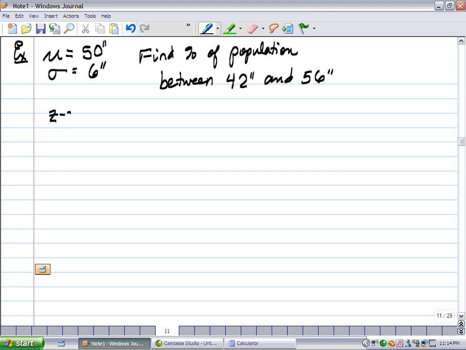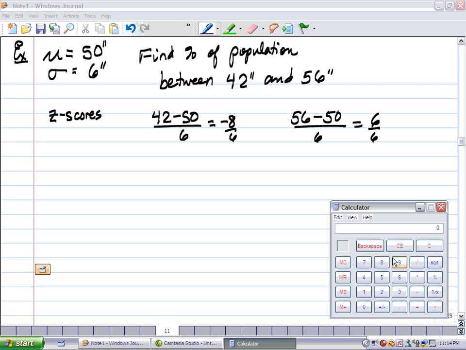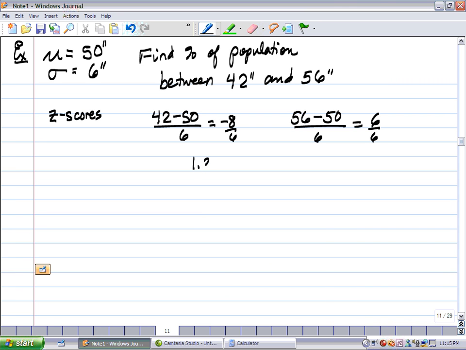So let's first find the z-scores. The first one is 42 minus 50 over 6. The second one is 56 minus 50 over 6. So this one turns out to be negative and this one turns out to be positive. Negative 8 over 6 is negative 1.33. And 6 over 6 is 1.00. So those are the z-scores.